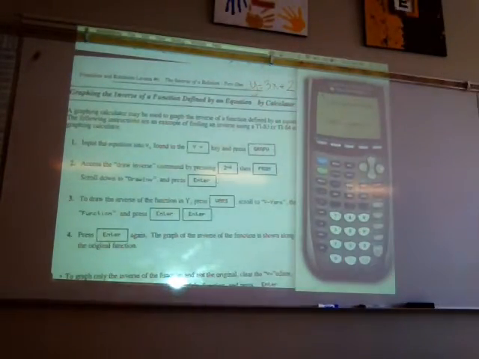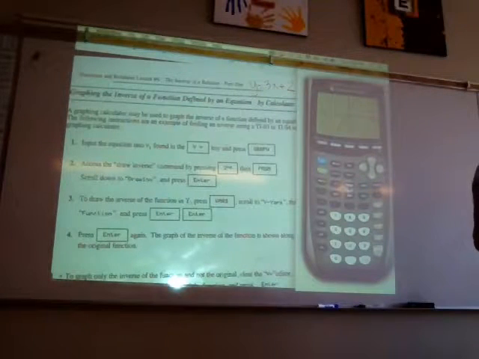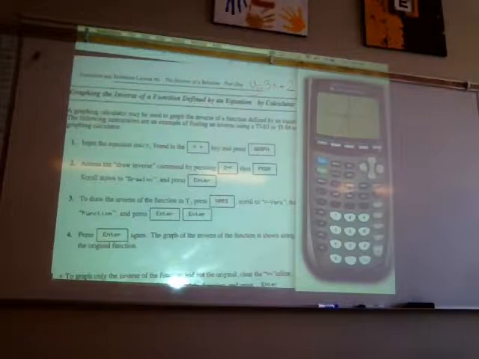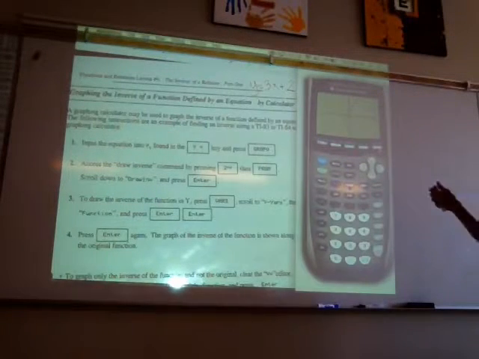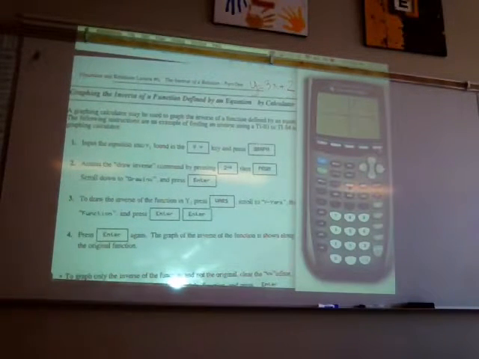So first thing we're going to do is put into our y equals 3x plus 2. Let's graph it. We should get what we just plotted. But now we want to make sure what we just graphed for our inverse was actually correct. So let's use our calculator.